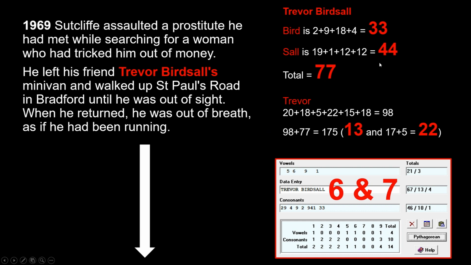So Trevor Birdsall adds up to 98 plus 77 for 175, so that can give us a 13, or it can give us a 17 plus 5 for 22 again. And Trevor Birdsall in Pythagorean comes to the same as the gravedigger, 67. Coincidence?